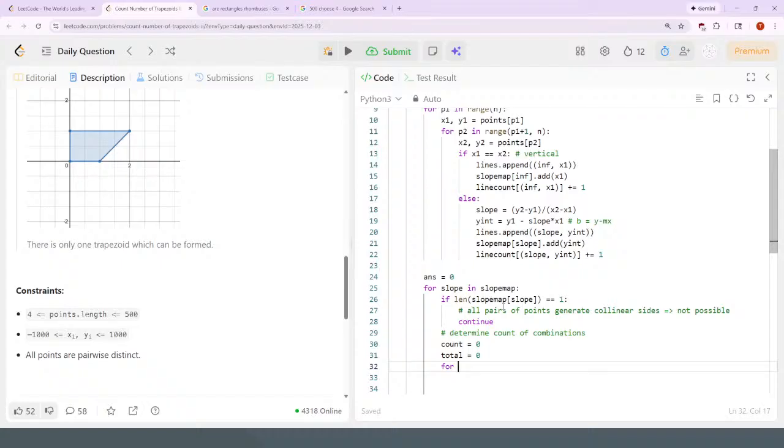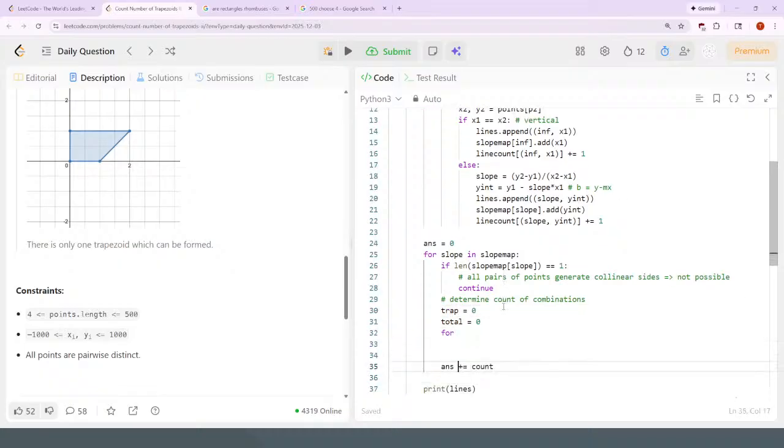So for every, I think this should refer to trapezoid. And I think I need a separate one for the count of the things of this size. So maybe this is the S count, the side count.